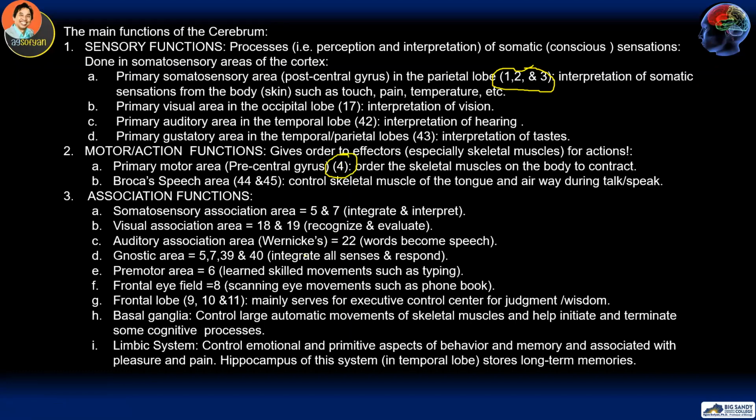And then auditory is 42. Taste, gustatory, is 43 on the map, on the picture before this PowerPoint screen. A visual area, which is on the back, the occipital lobe.